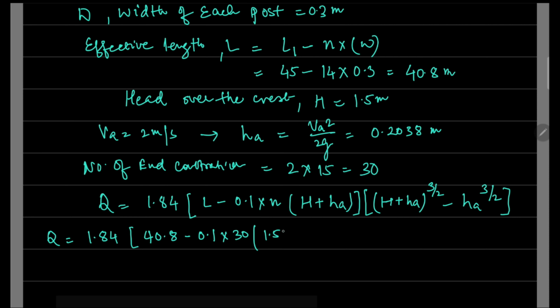So bracket 1.5 plus HA, which is 0.2038, raised to the power 3 by 2, minus 0.2038 raised to the power 3 by 2, and then bracket closed.